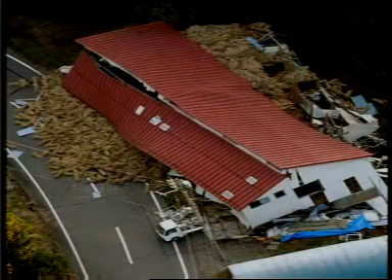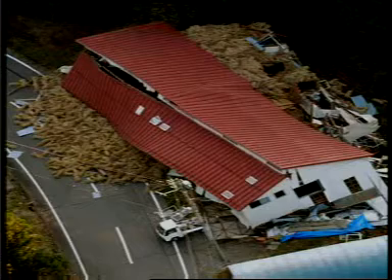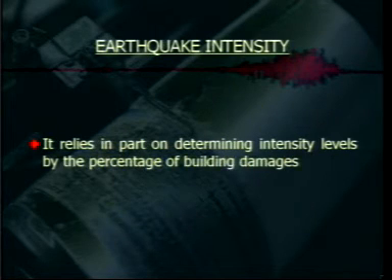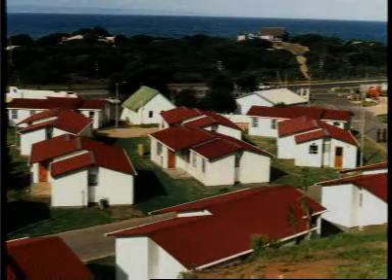In southern Europe, the 12-point Mercalli-Cancani-Seeberg intensity scale, which is known as MCS, is used. It relies in part on determining the intensity level by the percentage of buildings damaged. This has proven useful in a country where there is a relatively uniform type and quality of village construction.